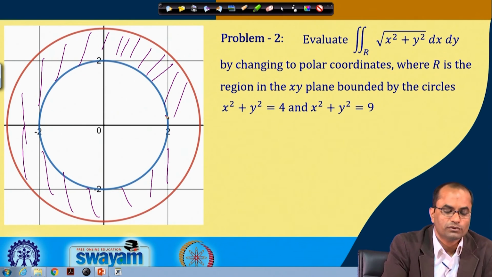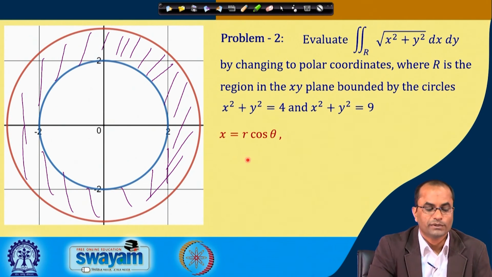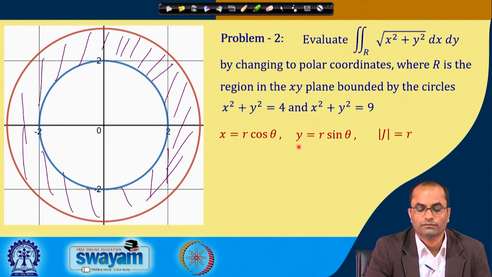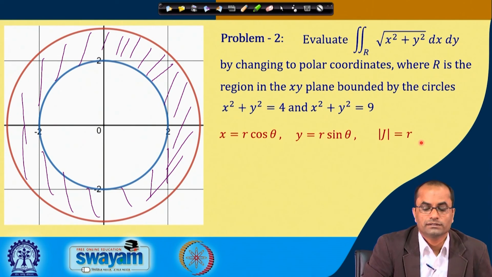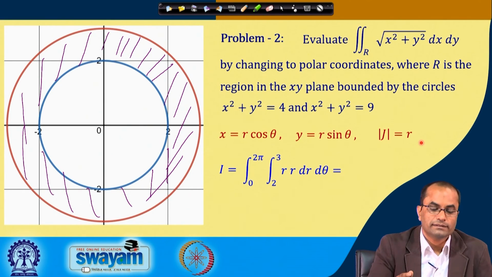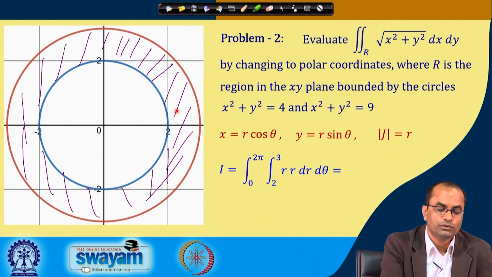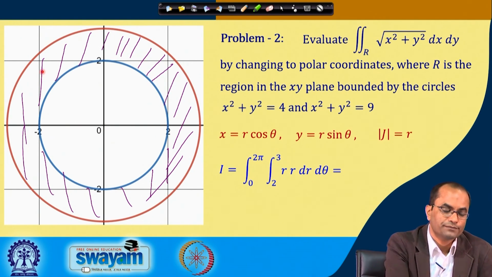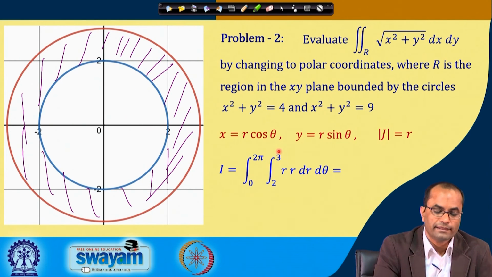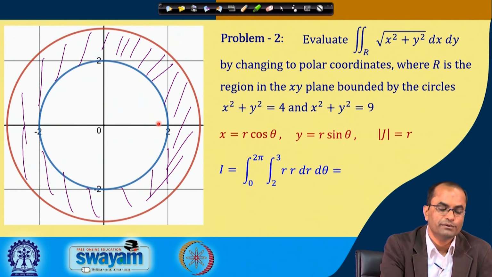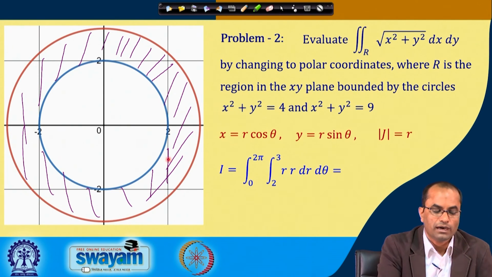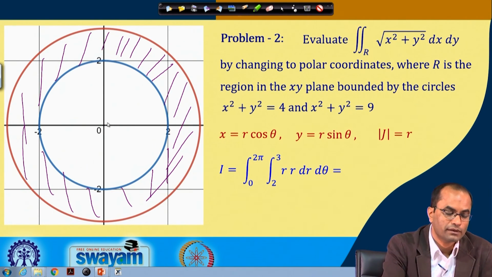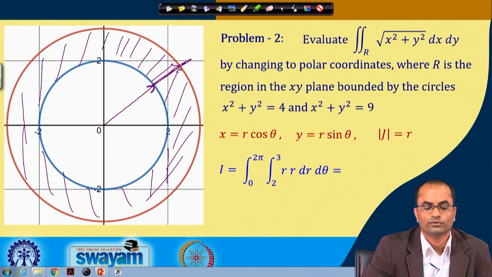By changing to polar coordinates, it is much simpler now to get the limits, because putting x equal to r cos theta, y equal to r sin theta, the integrand will be r, and then theta will go from 0 to 2 pi, the whole circle, and the limit for r will be from 2 to 3. So, r always goes from 2, entering the domain when r is equal to 2 and leaving the domain when r is equal to 3.